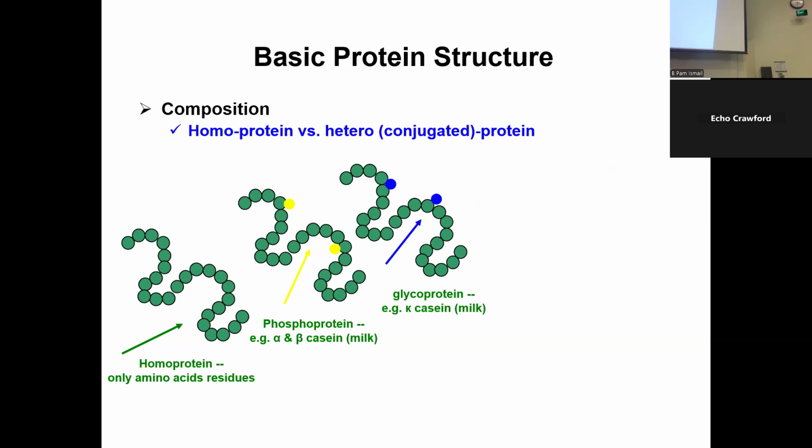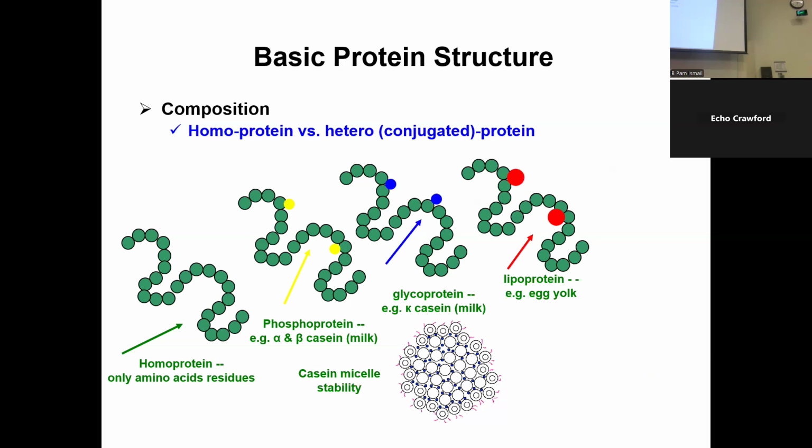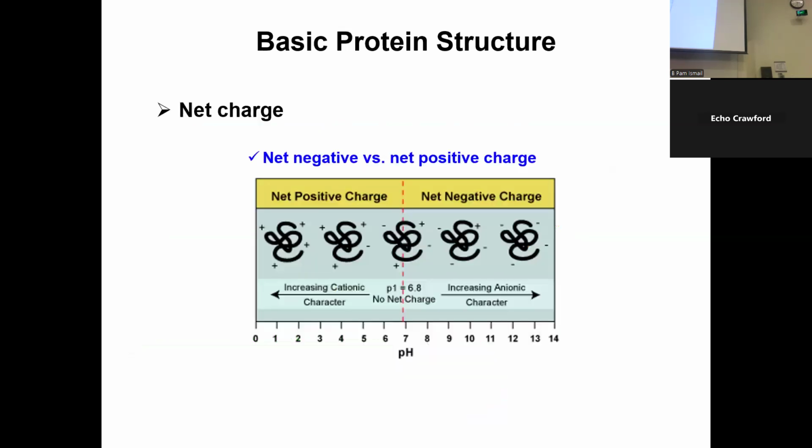So these are other examples where the protein is covalently linked to a carbohydrate. Both of these play a role in the stability of the micelle. The phosphorylated proteins form calcium bridges, these blue dots, and the glycosylated proteins form stable, negatively charged components on the surface of the micelle. We have the lipoprotein, which makes those proteins great emulsifiers. Okay.